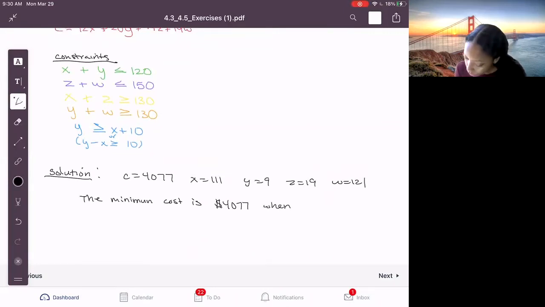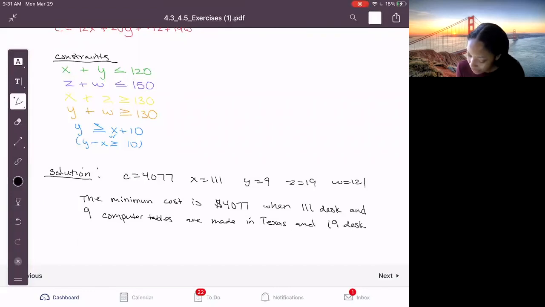So we can say when 111 desks and 9 computer tables are made in Texas, and 19 desks and 121 computer tables are made in Louisiana.